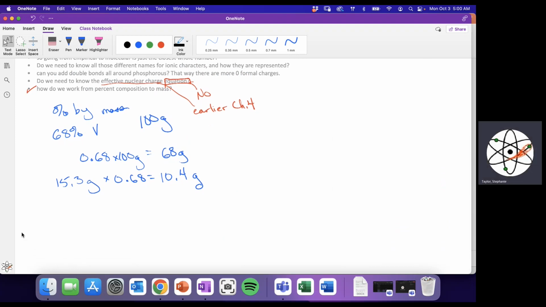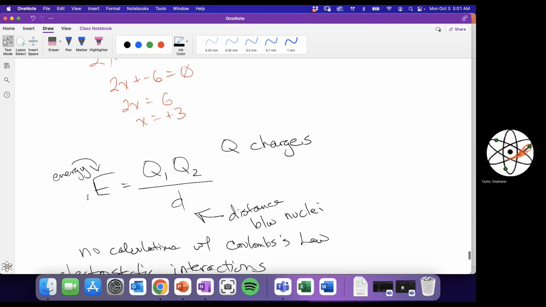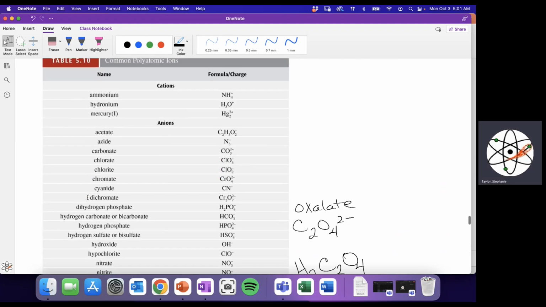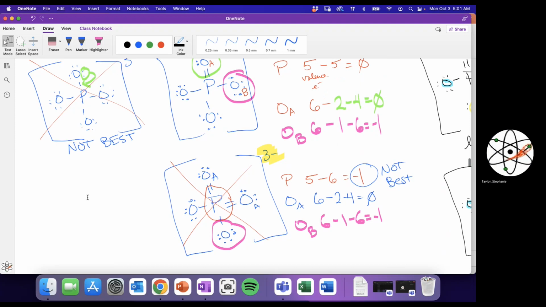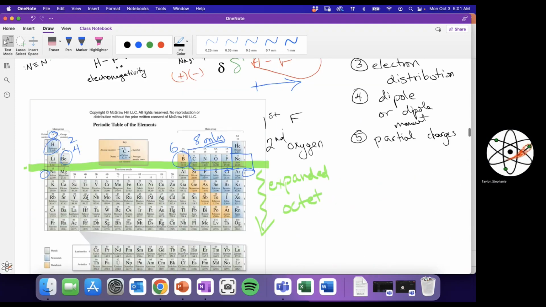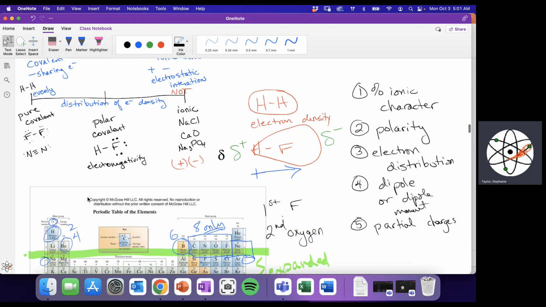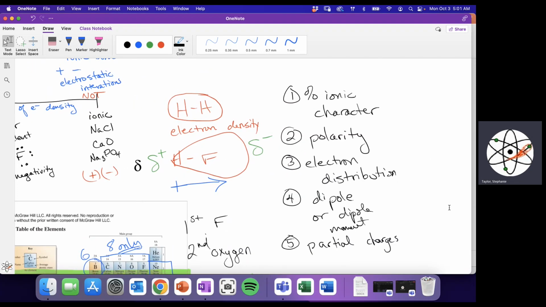Do we know all those names for ionic characters and how they are represented? Oh, where was that? At some point during the review, I talked about percent ionic character, and I gave 5 different wordings for how this could be described.